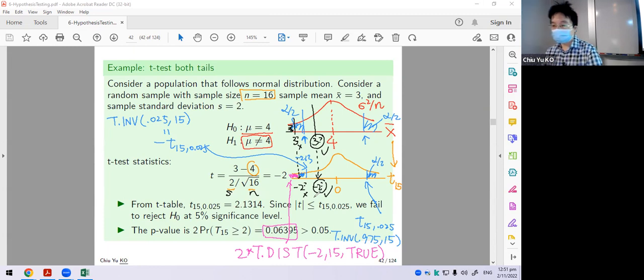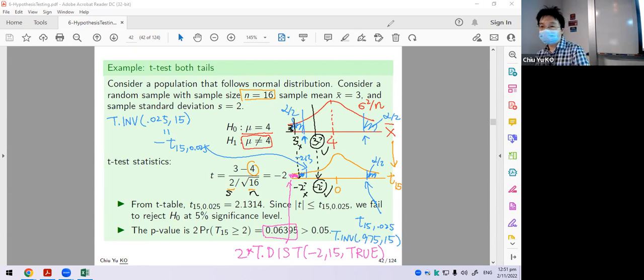Now, before we conclude the one sample test, I think it's good to look at the special case we call binary data. Is that okay for this one? So for binary data, instead of talking about sample mean, we talk about sample proportion, right?